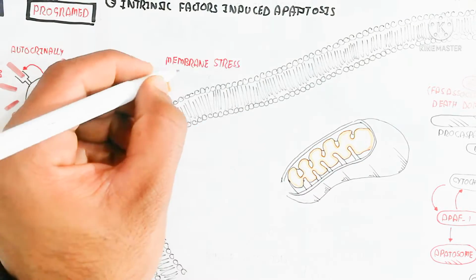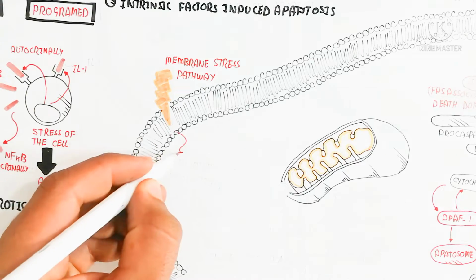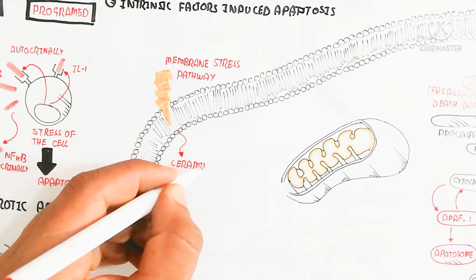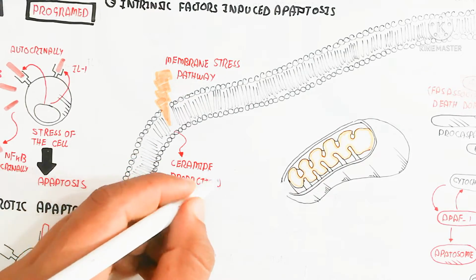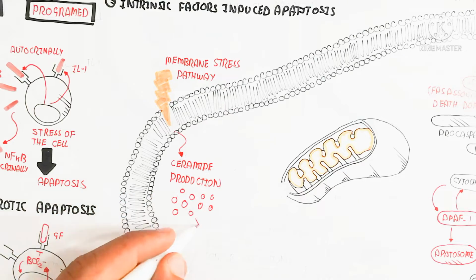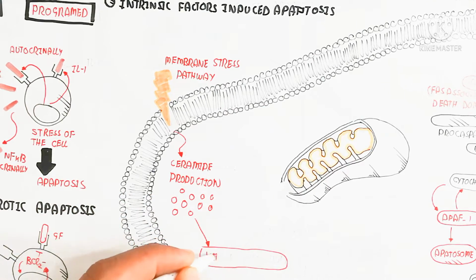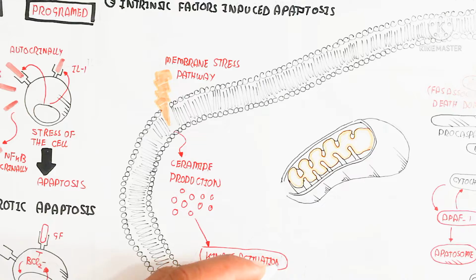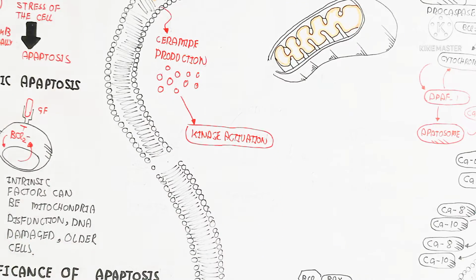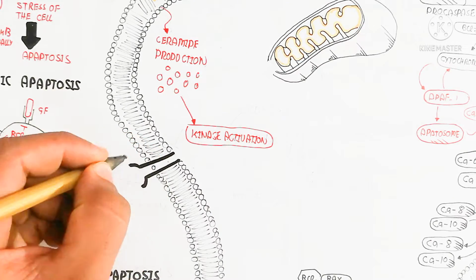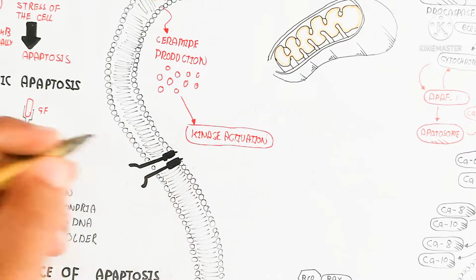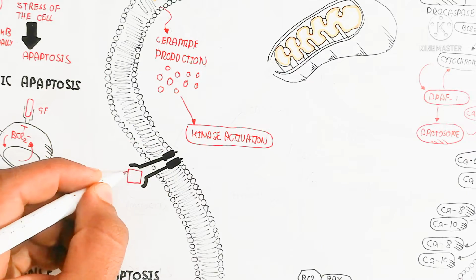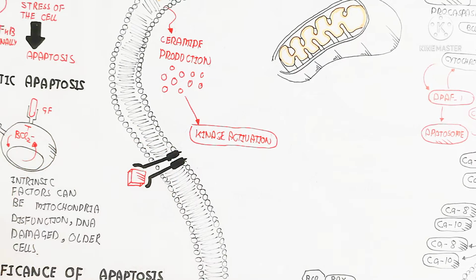The membrane stress pathway is ceramide production from the membrane, due to different damage or toxins. The production of ceramide will trigger kinase activation for proliferation inhibition, mitosis inhibition, and maturation inhibition.